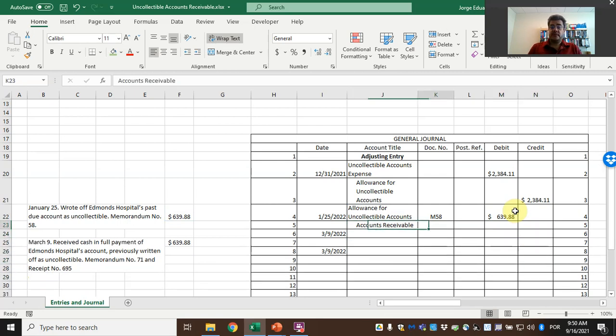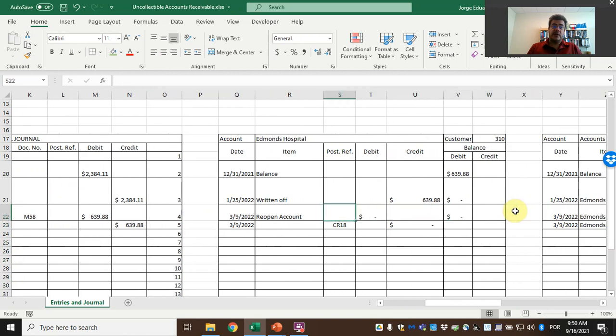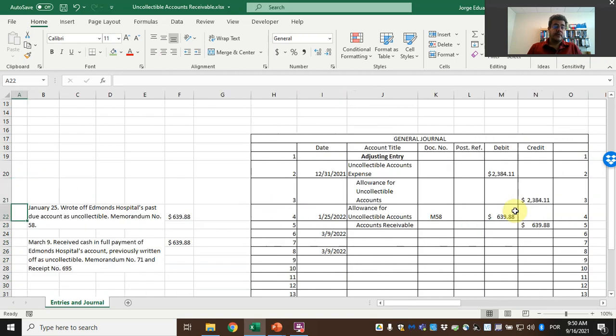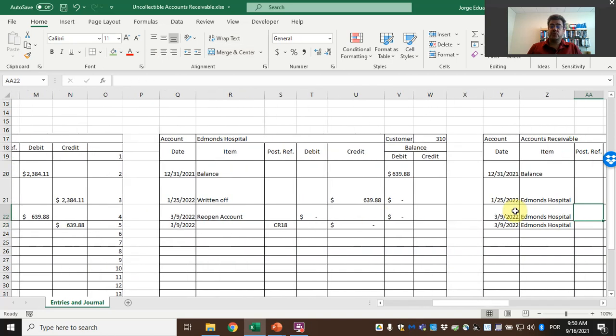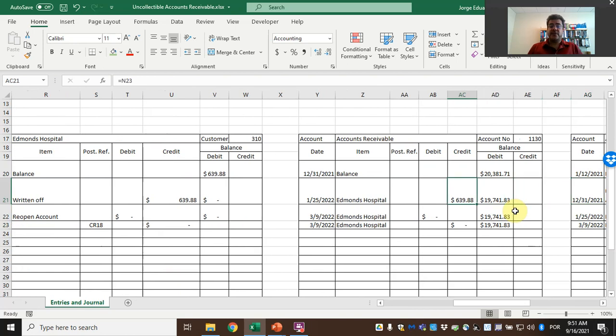So we are crediting accounts receivable now. Equal the 639. Okay, we need to journalize this one on the journal. Here, the first one, our customer, Edmund's Hospital, we are crediting the 639 here.